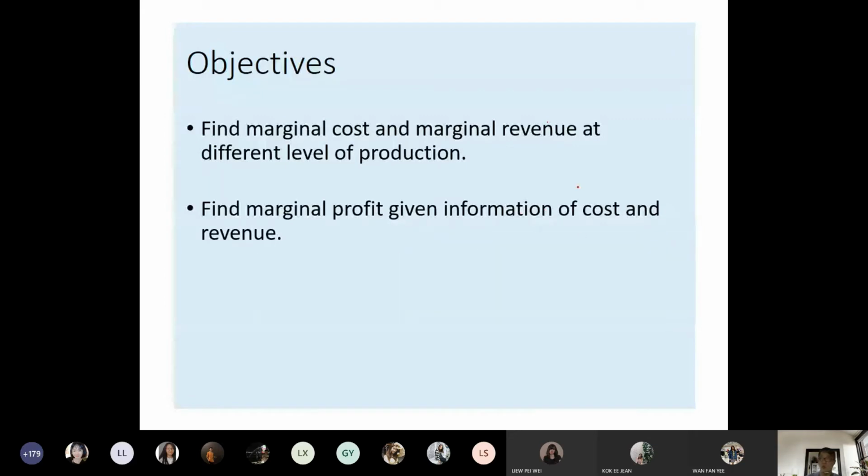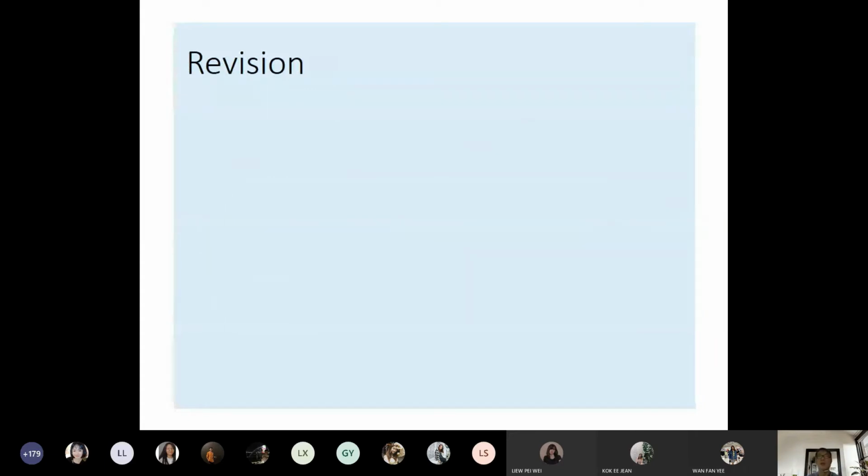It means that when we have some information, especially the function of cost and the revenue, how do we find the marginal profit? We are going to start with some revision first.